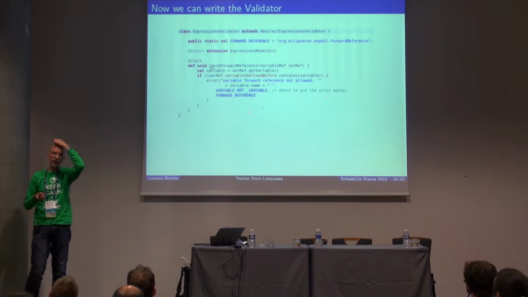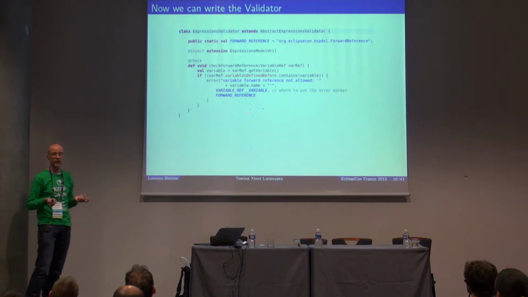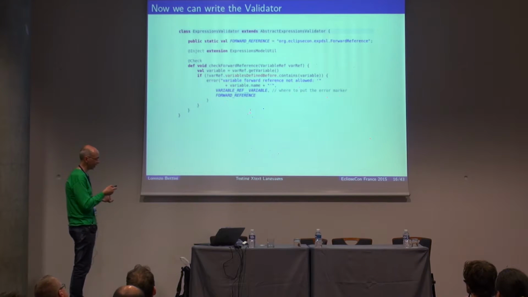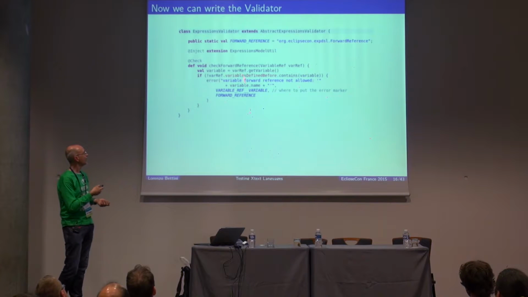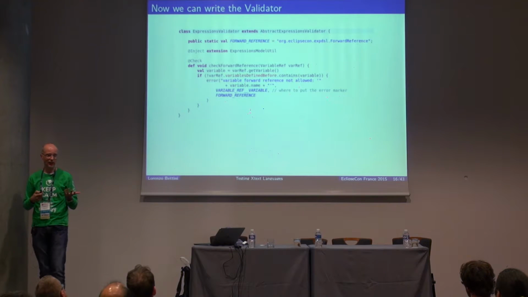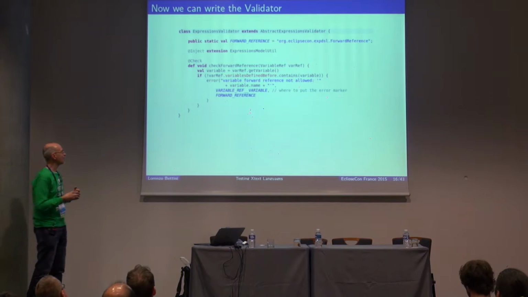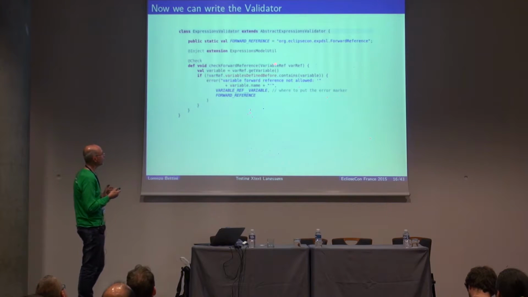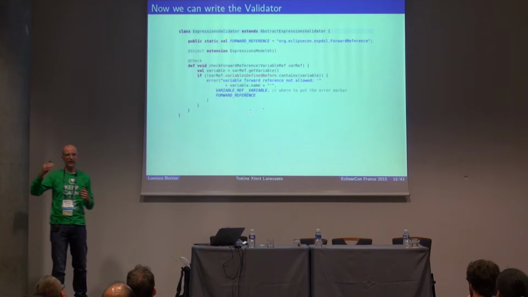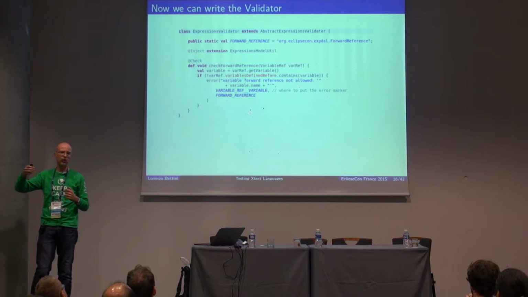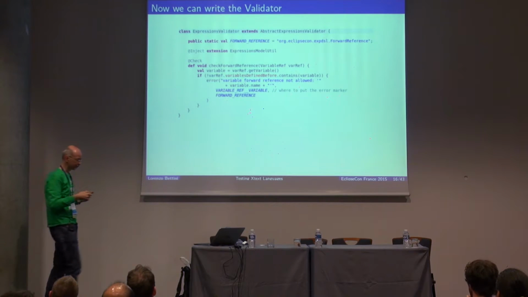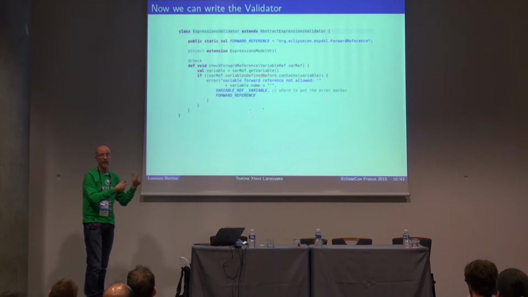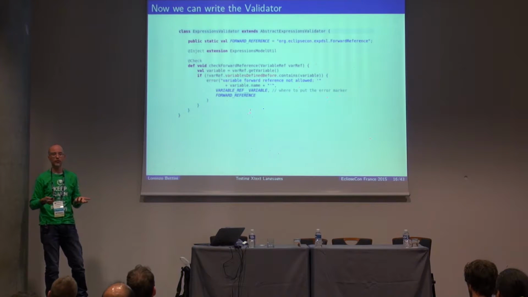So now we implement the validator using this utility class, and you see that the validator is also quite easy. So that's the only piece of code of the implementation I'm going to show. And so I generate an error on a variable reference that refers to a variable which is not defined before the expression. Okay? How to test this? There's no need to run the workbench.